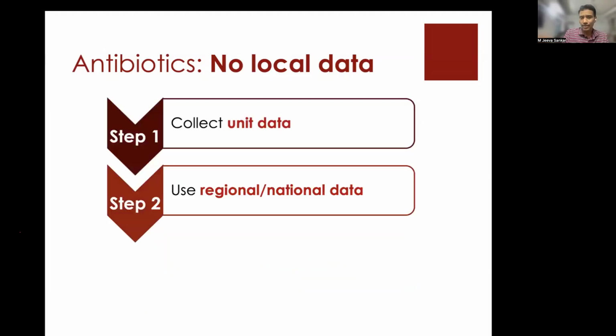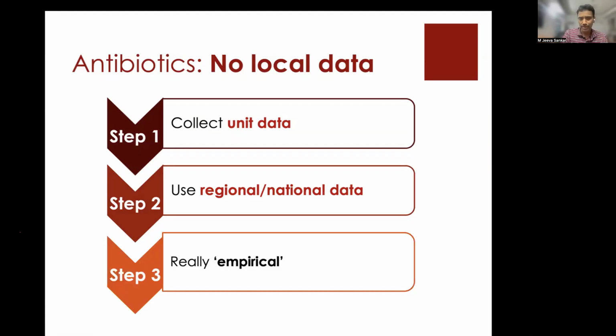And if you cannot get data within the first 6 months or 1 year because you just joined or it's a new NICU, you can use regional data. You can ask the neighboring units, or the state, region or district, and if that is also not feasible, then you can use the national data.